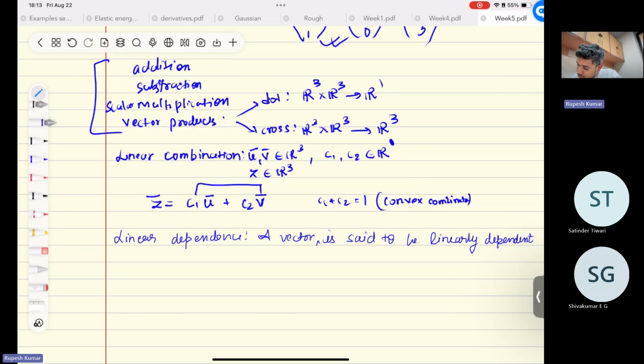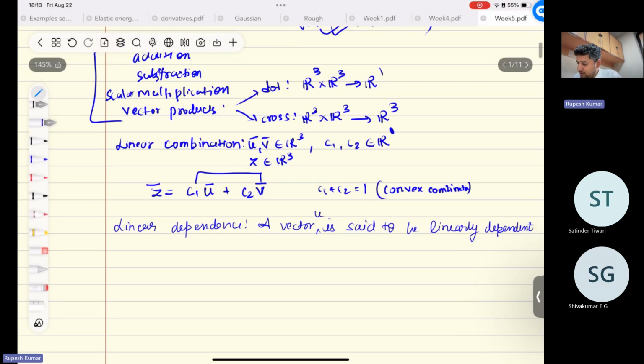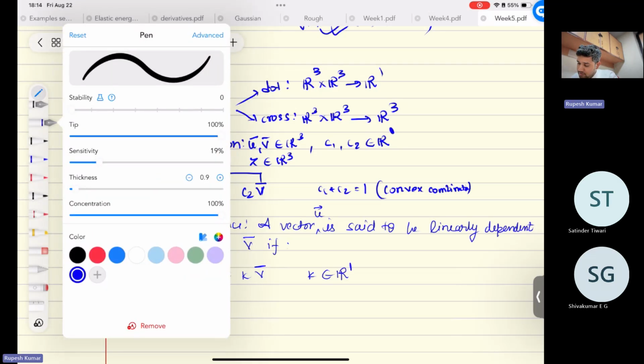A vector, let's say u, is said to be linearly dependent on the vector v if we can say u is some scaled version of v, that is, k times v, where k is a scalar. So this is the idea of linear dependence.